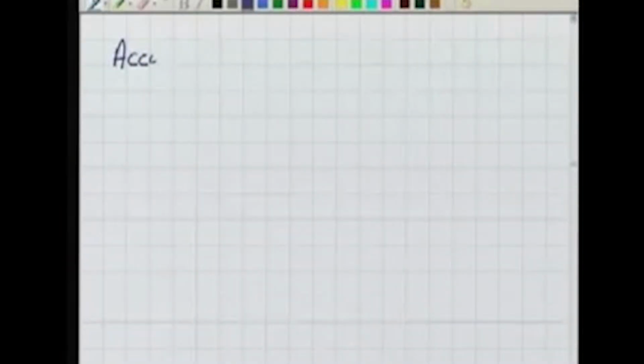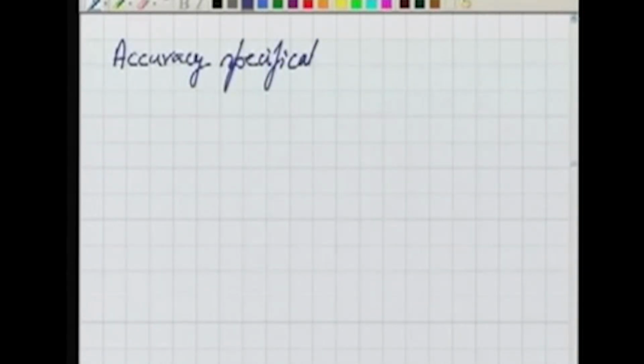So when you buy it from the vendor and when you talk to the vendor, the accuracy specifications of the EDMI are written as, so we are talking first about this accuracy specification. How do we specify the accuracy of EDMI?